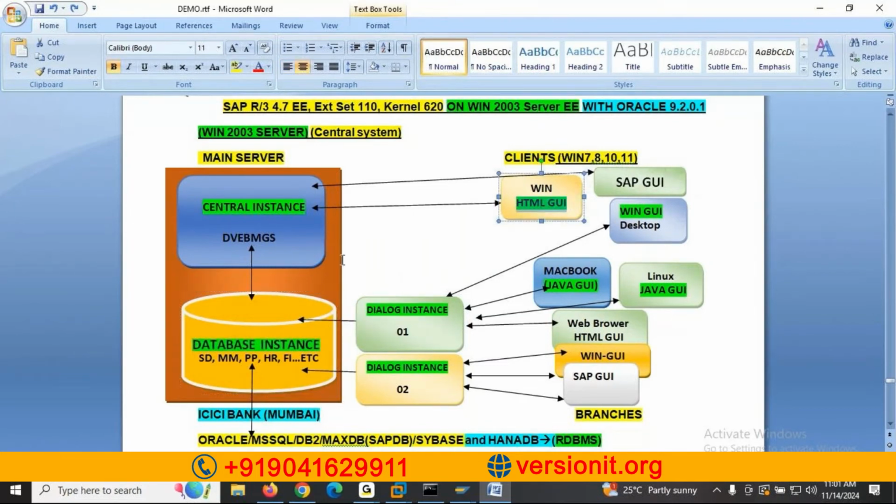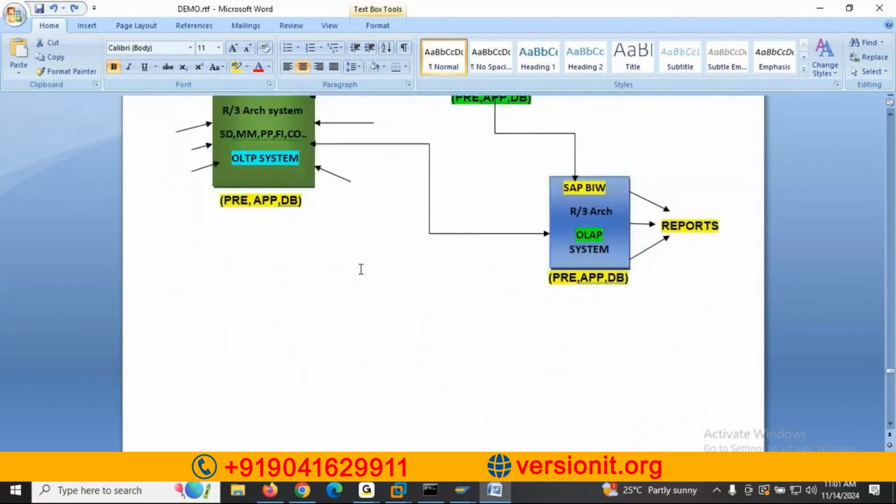I am trying to explain these entities to you. Everyone clear? Srivastav, Rashid, clear? Yes, Rashid. Every software application is designed with this format only.